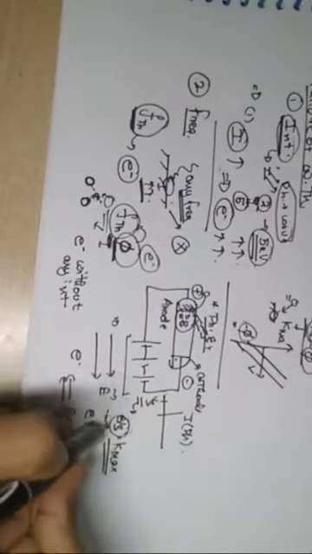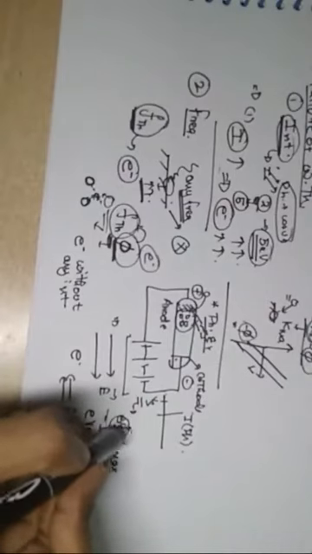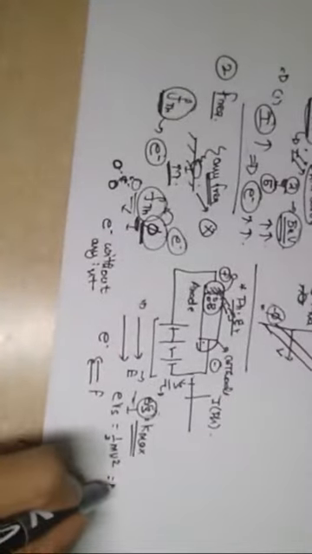So eVs, sorry, it is eVs because there is a potential, now it is a potential energy. eVs is equal to half mv squared, or as we wrote earlier, Kmax is h nu minus phi. So eVs equals h nu minus phi, and we get Vs equals h nu by e minus phi by e.